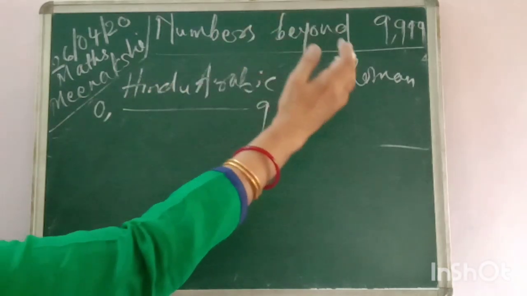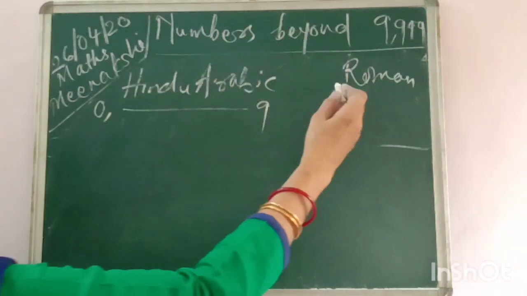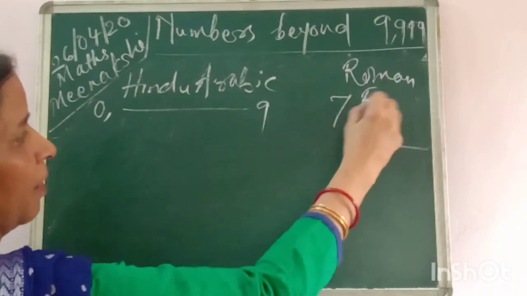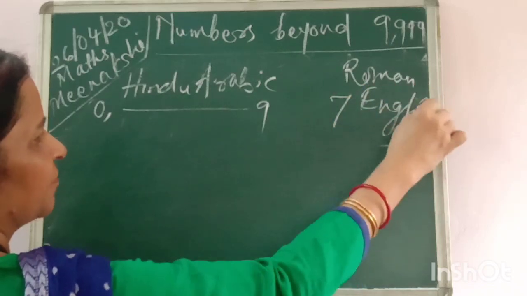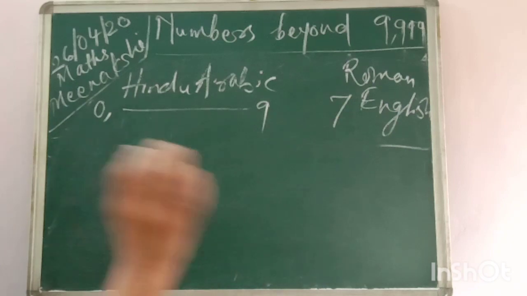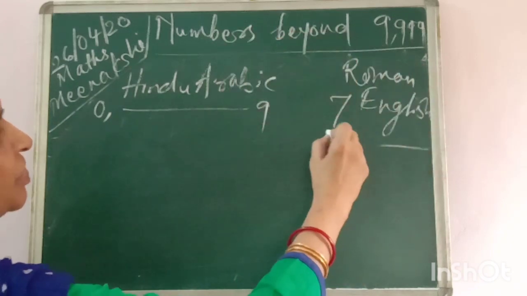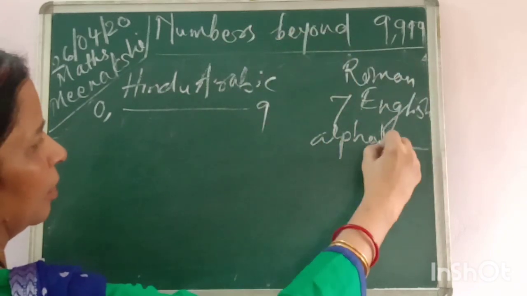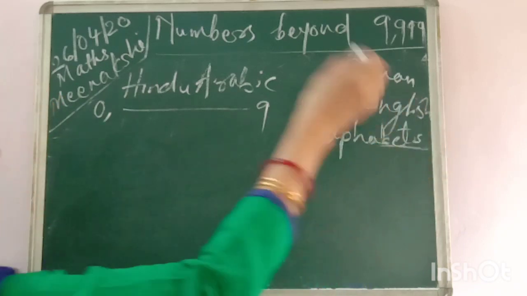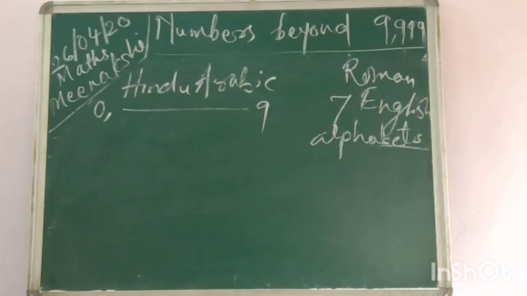And in the Roman numerals, to form large numbers, we use 7 English alphabets. What are those 7 alphabets used in Roman numerals, which we can compare with the Hindu Arabic?